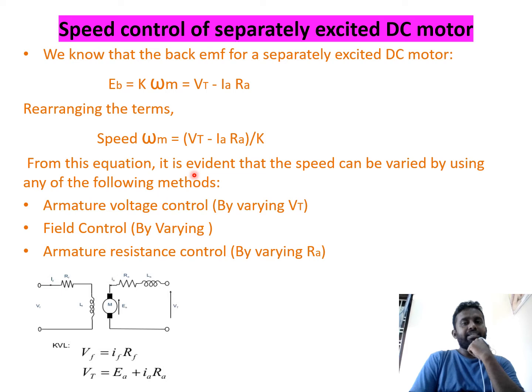From this equation, it is evident that the speed can be varied by using any of the following methods. You can vary Vt, or you can vary field current, or you can vary Ra. So these are three different methods by which you can control the speed.